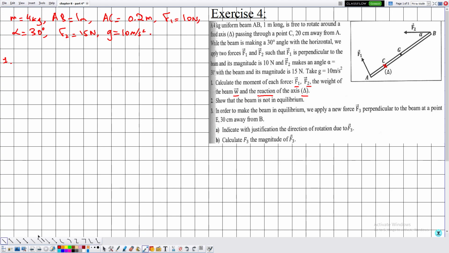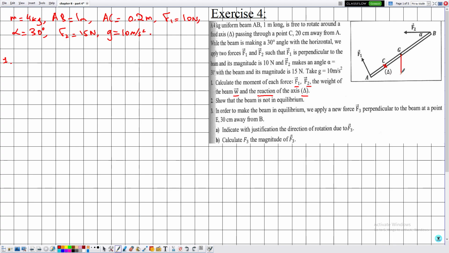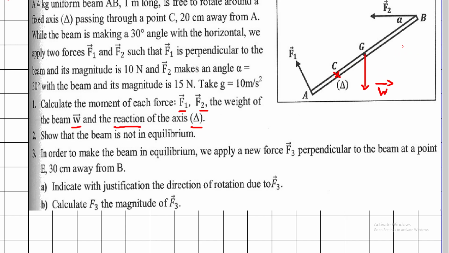Now let me represent the force which is the weight. The weight is classified as a force acting at a distance, so the point of application will be the center of gravity G, like this. So this is the weight W. As for the reaction, it is a contact force.